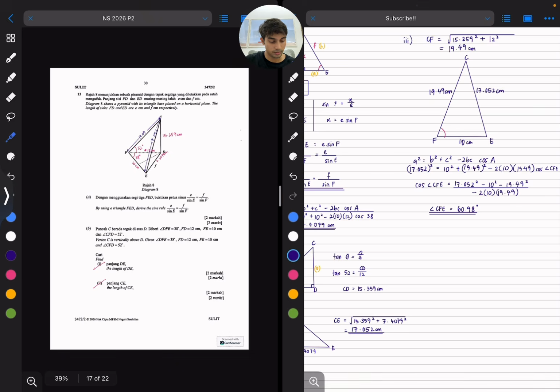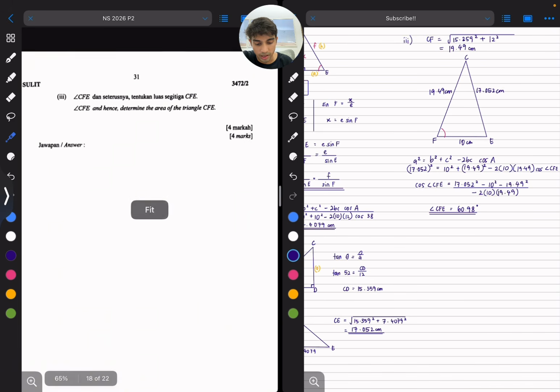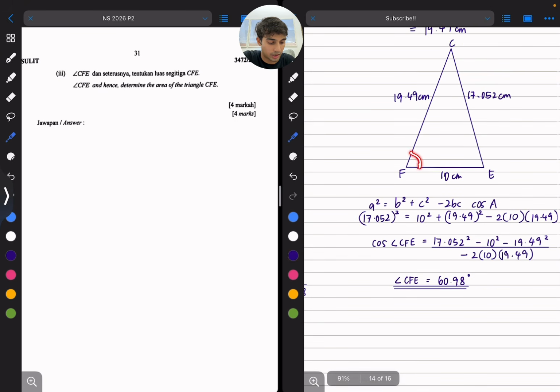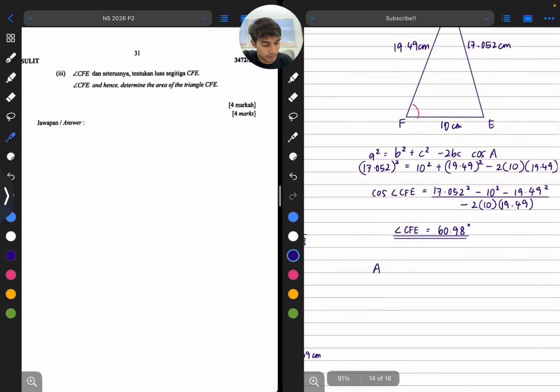Once you get the angle ready, we can find the area of triangle CFE. So once we already get this angle, we can just do 1/2 AB sine C. So area will be 1/2 AB sine C. A is 10, B is 19.49, sine 60.98.